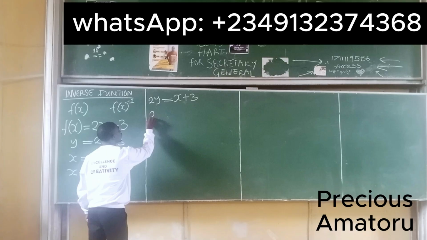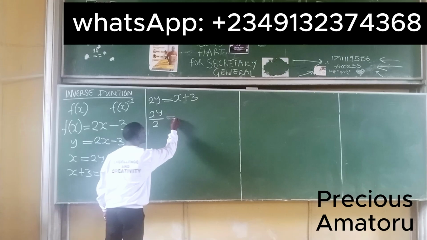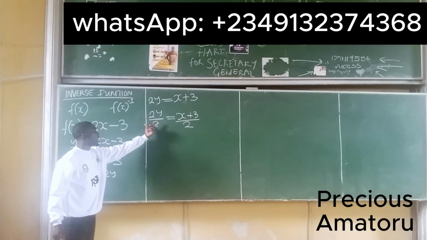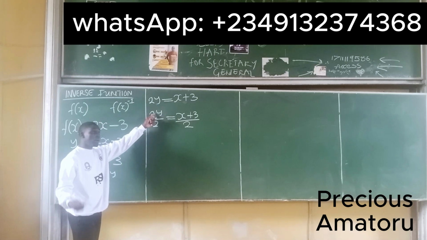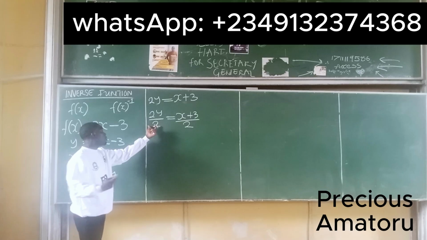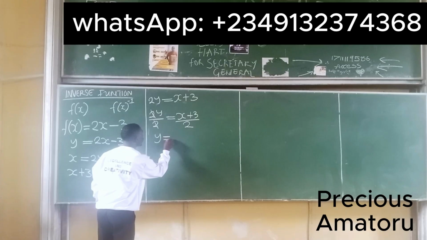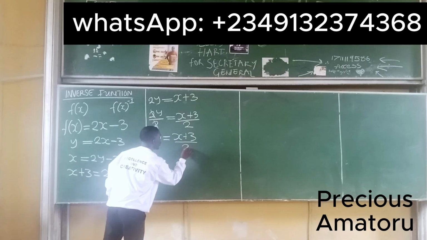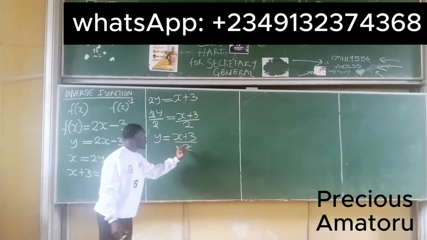So we have 2y all over 2 is equal to x plus 3 all over 2. Looking at this part, we have 2 at the numerator and also 2 at the denominator, meaning this can cancel out. So we have just y equal to x plus 3 all over 2. Now we've successfully made y the subject of the formula.